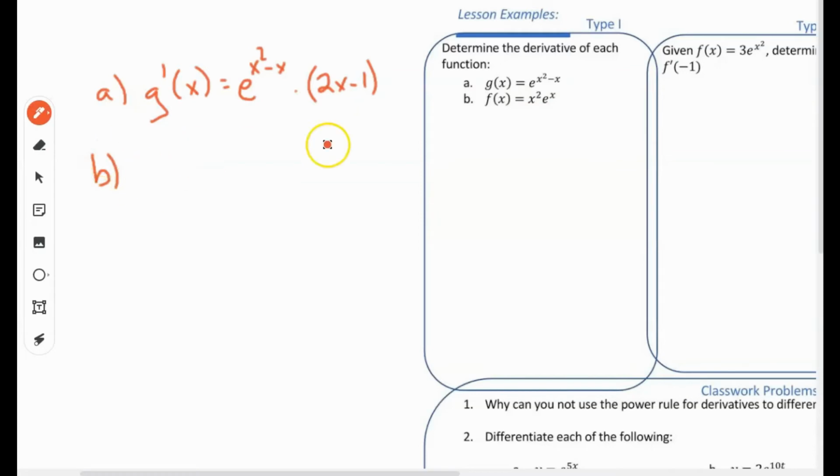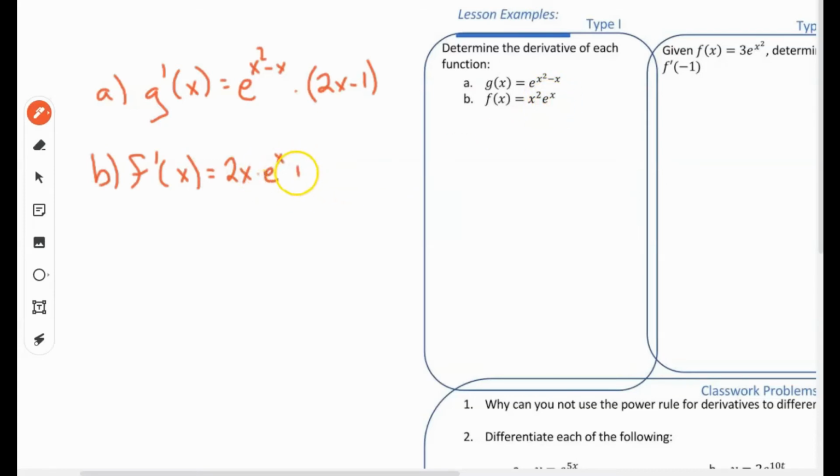Now let's try part B. To find the derivative of f at x, so f prime at x, we have two functions with x here, right? We have an x squared, and then we're multiplying by e to the x. So that's a product rule question. First we can find the derivative of x squared, which is 2x, and then we'll times that by e to the x.